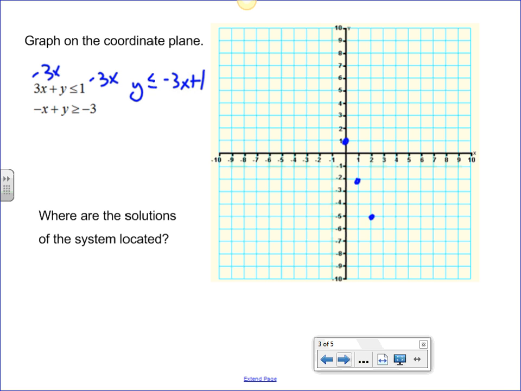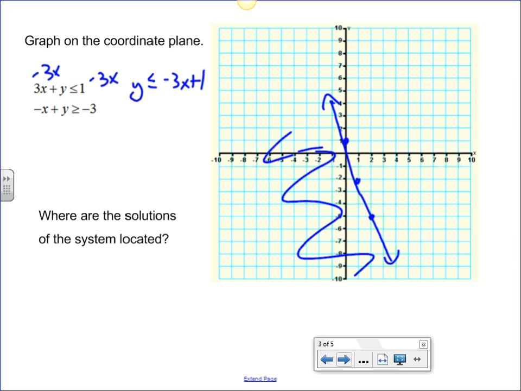And then this would be a solid line, since we've got an equal to with it. And graphing-wise, I'm not sure if you caught on yesterday, but if I have it solved for y and it says less than, I would be shading below. So I'm going to be shading below this line here.